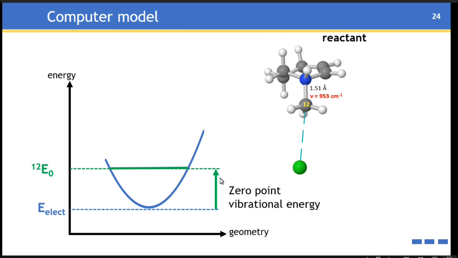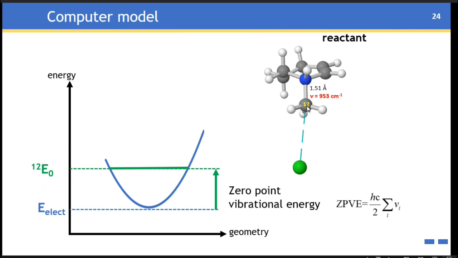And if we take that vibrational energy into account by calculating the zero-point vibrational energy, then the actual minimum energy of the molecule isn't this one right at the bottom. It's up by the zero-point vibrational energy. This is calculated by Gaussian by adding together all the vibrational frequencies and multiplying by a constant. This is called E0.